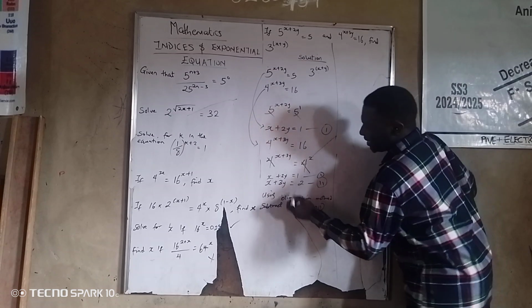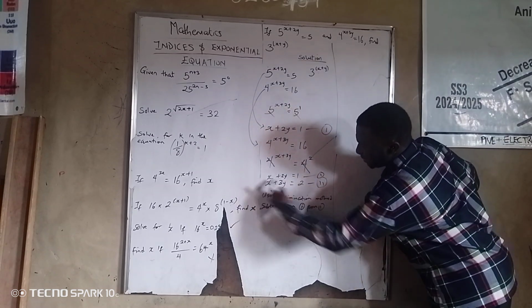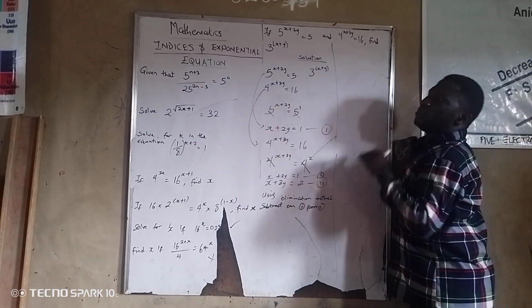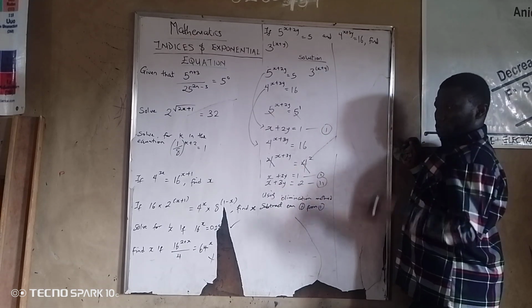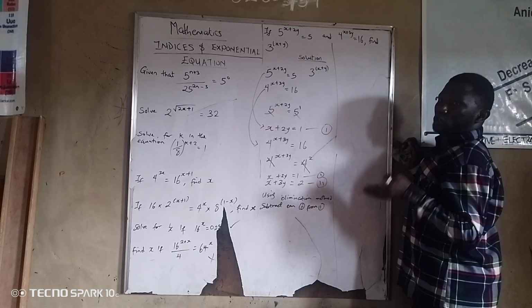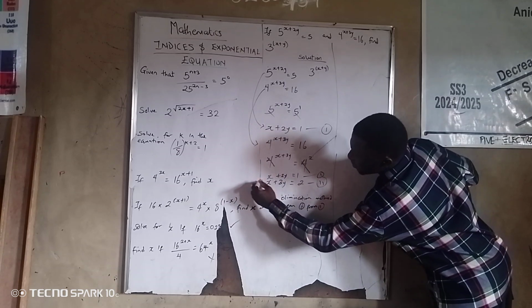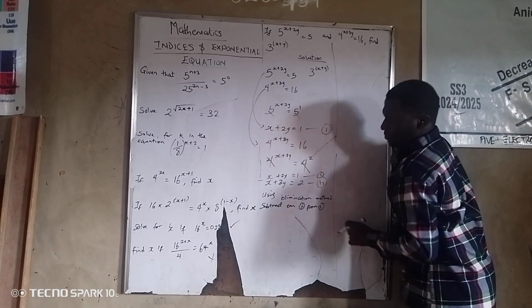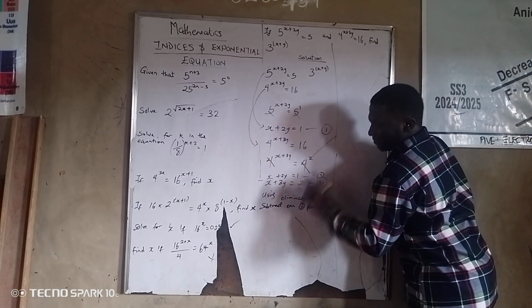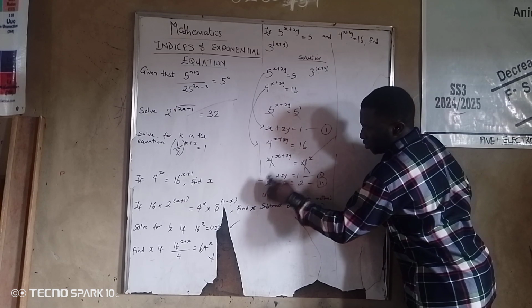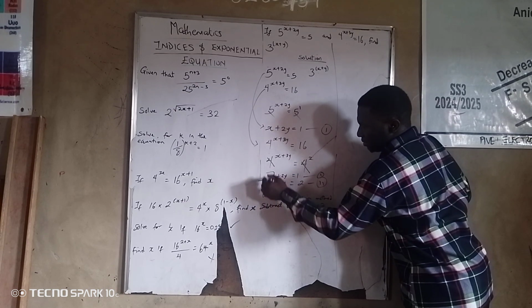Subtracting 2 from 1 means we remove equation 2 from equation 1. So we have x minus x, 1x minus 1x, which is 0. So the x part is totally gone.